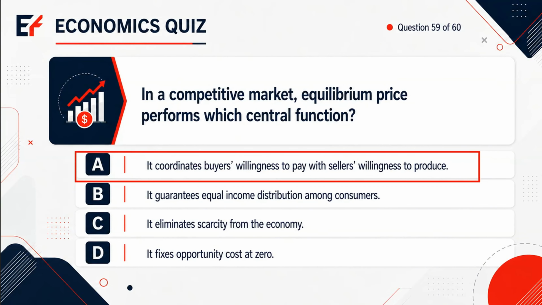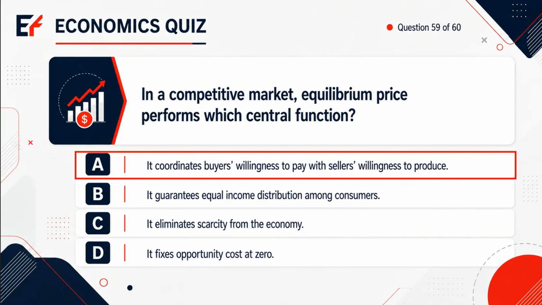Let's focus on what equilibrium price actually does. In a competitive market, equilibrium price brings together the decisions of buyers and sellers. Buyers decide how much they are willing and able to purchase, while sellers decide how much they are willing to produce and offer for sale. Option A is correct because the equilibrium price coordinates those two sides of the market, where quantity demanded equals quantity supplied.